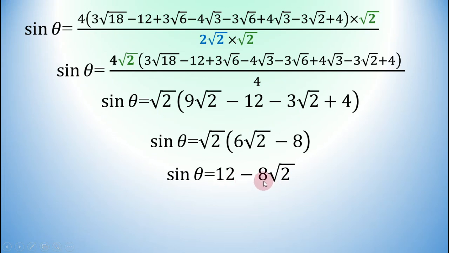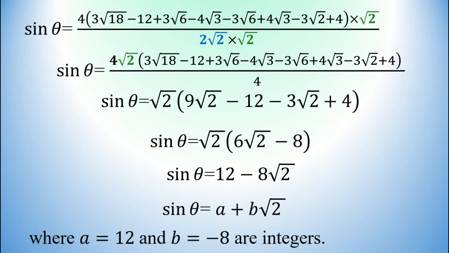This is the final answer. This is the form of a plus b root 2. According to the form given, a equals 12 and b equals minus 8. These are integers.